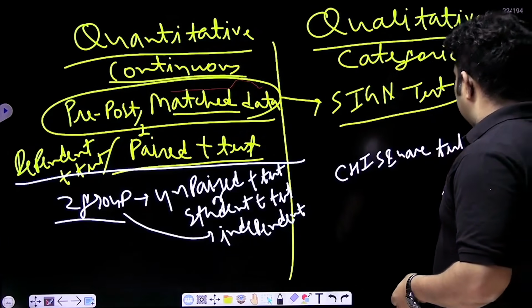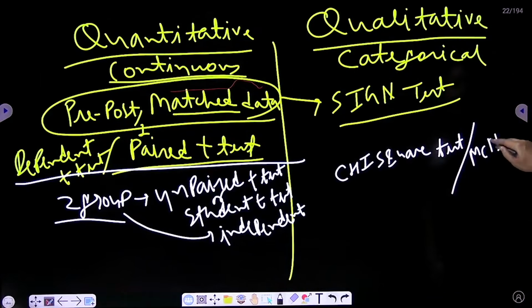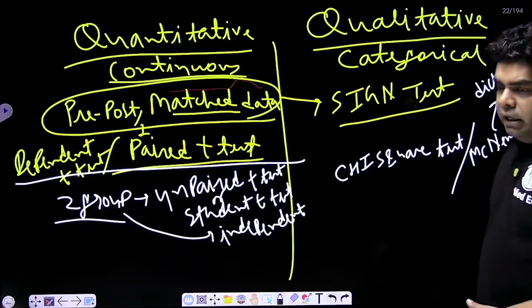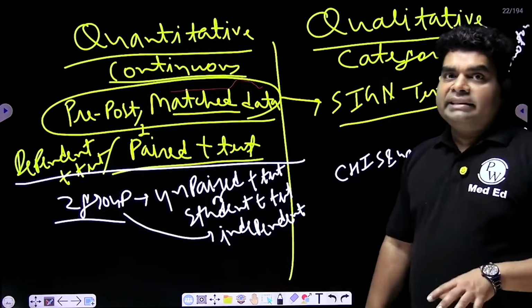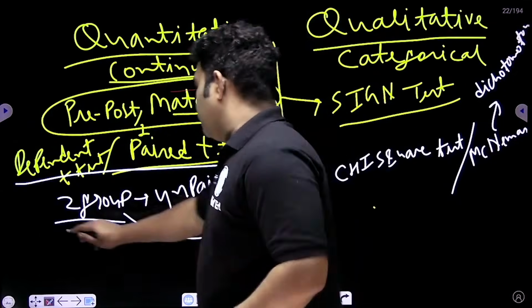But another test which can also be applied for two groups is McNemar test. If the data is dichotomous, yes-no like that, we usually apply McNemar test. Similarly, there can be other tests for two groups like Wilcoxon rank sum test or Wilcoxon signed rank test. But they have never been asked, so I'm not going into detail of that, but you can apply.